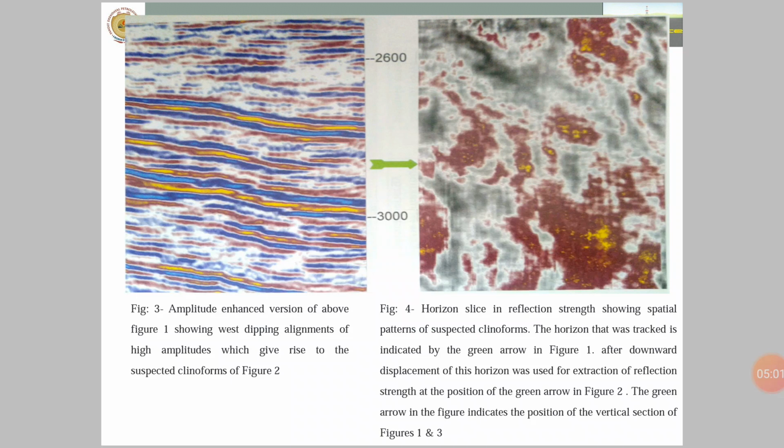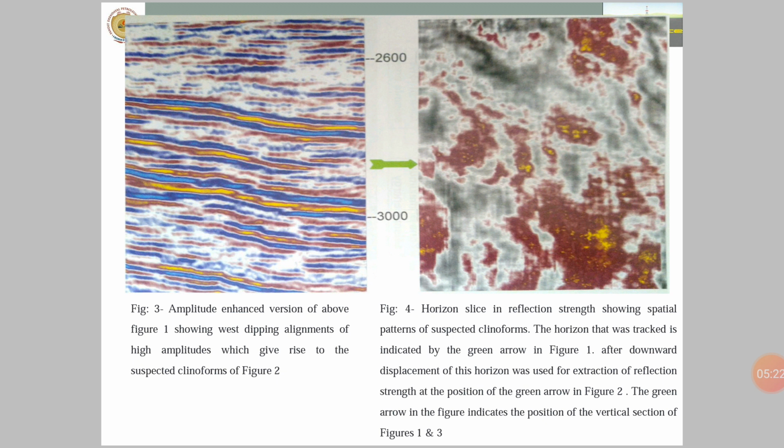We go to the next slide and we can see on the left the amplitude version of the enhanced vertical line. It's a cross line, as I have told, showing west dipping alignments of high amplitude which give rise to suspected clinoforms. We could map the clinoform.